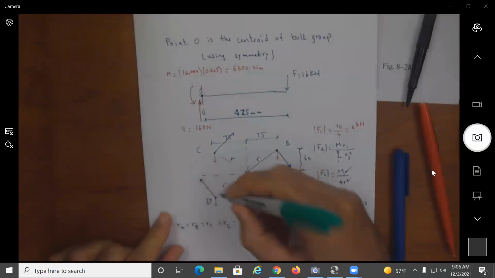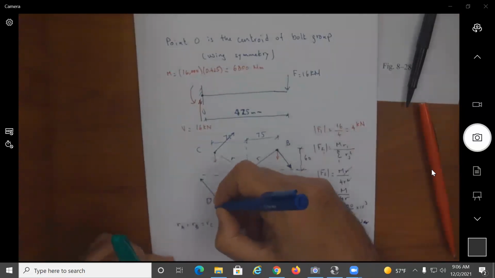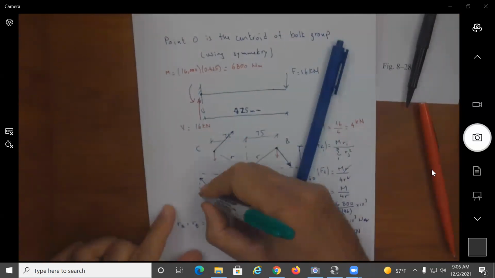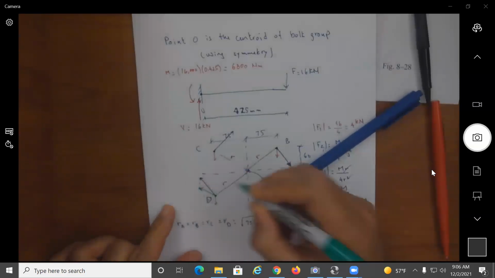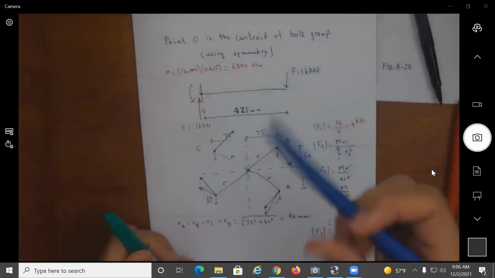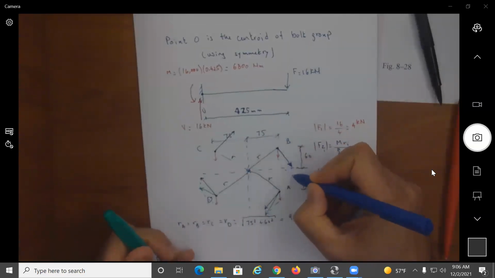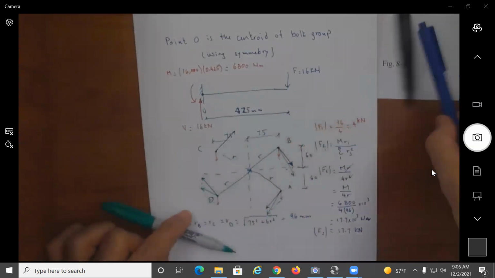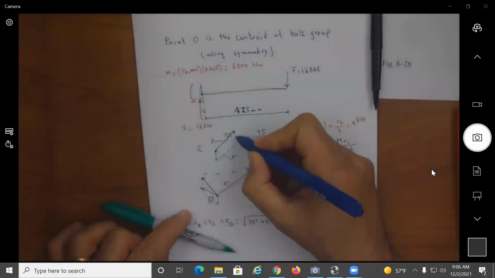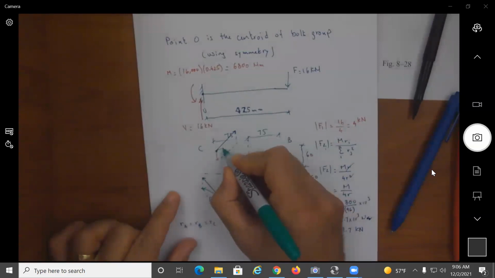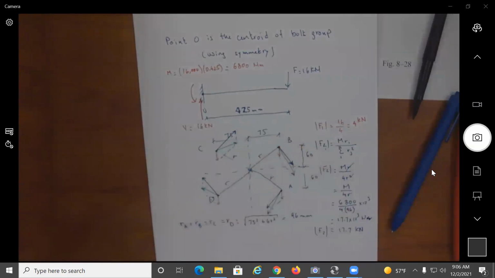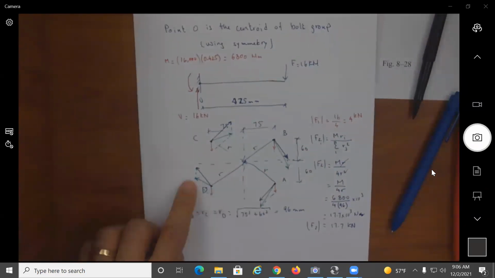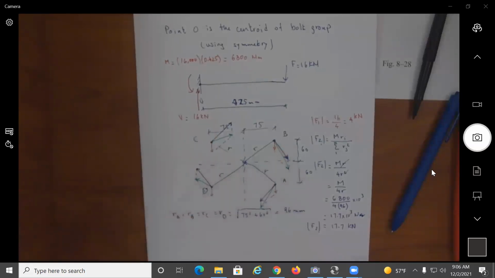If we do the same here and here, what do you notice from using the parallelogram rule?